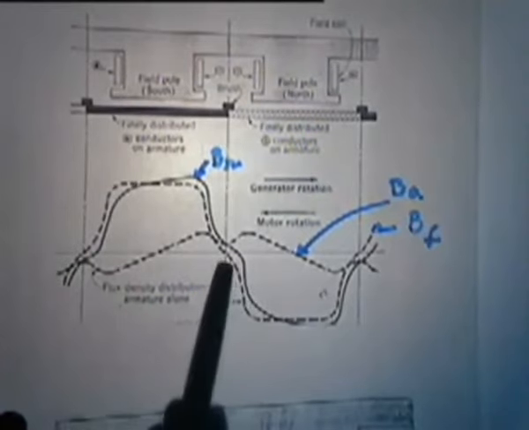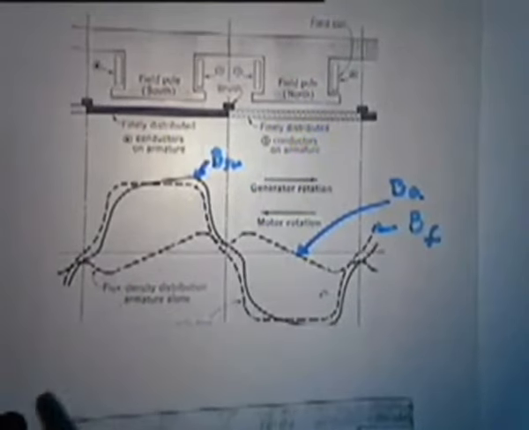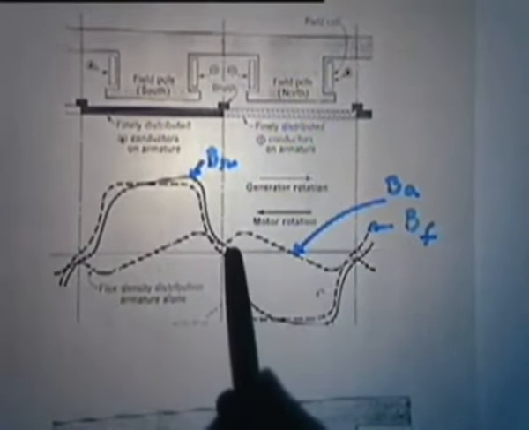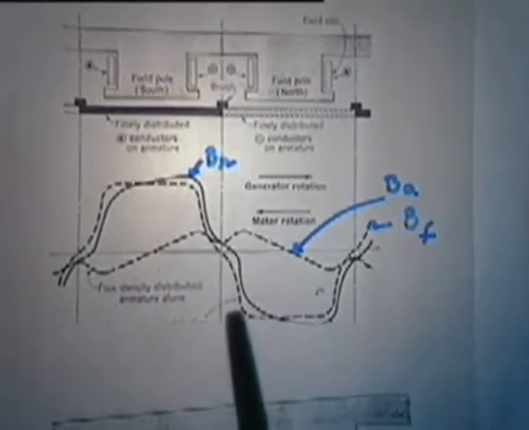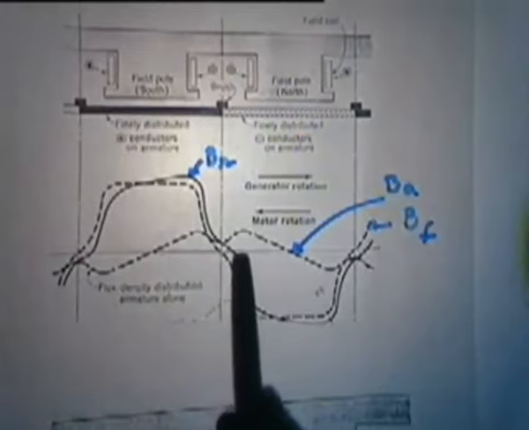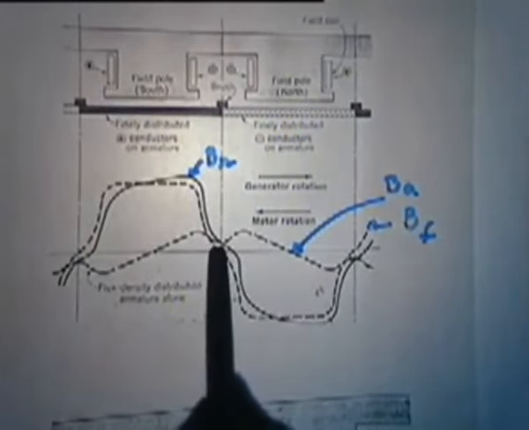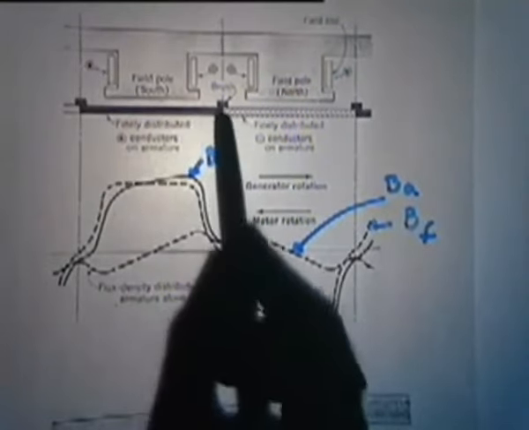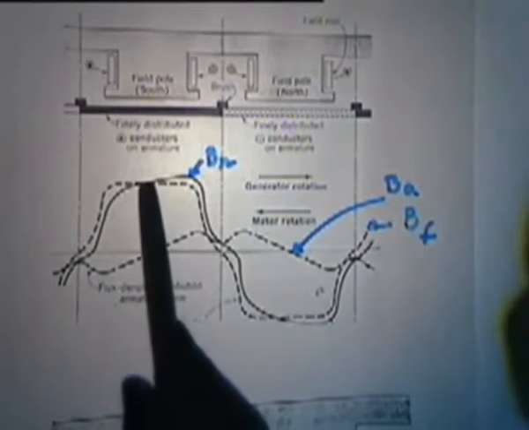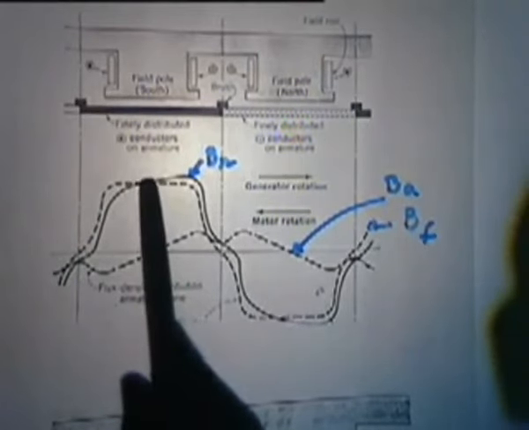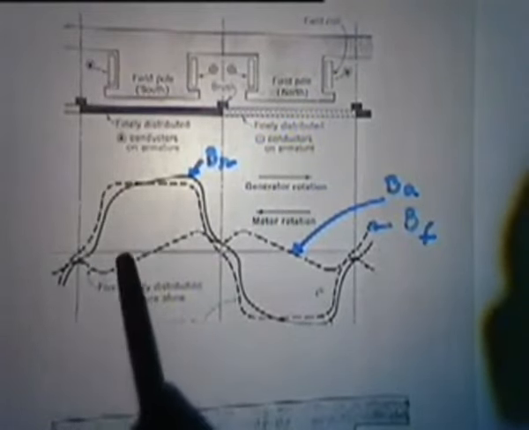Which was here earlier, it goes here now. So the zero flux density point has shifted, and the magnetic neutral axis has changed, which would affect the process of commutation, because it is at this point that the conductors of the armature change direction. We also observe one interesting thing: there is an increase in flux density in one half of the pole and a decrease in flux density in the other half.